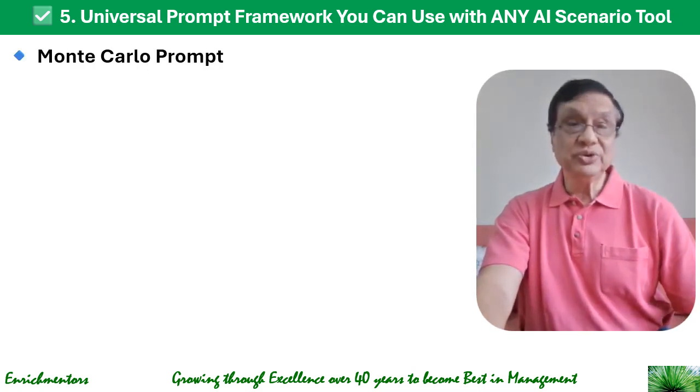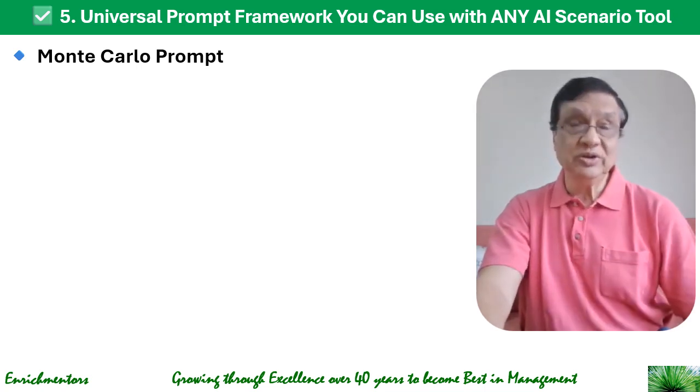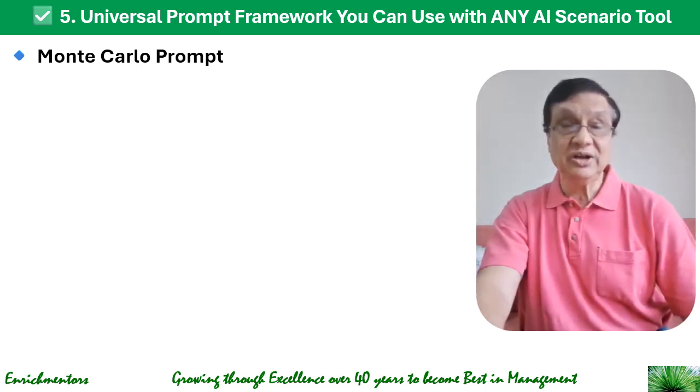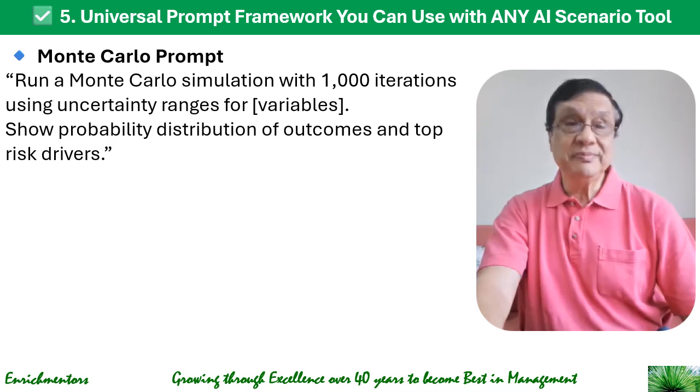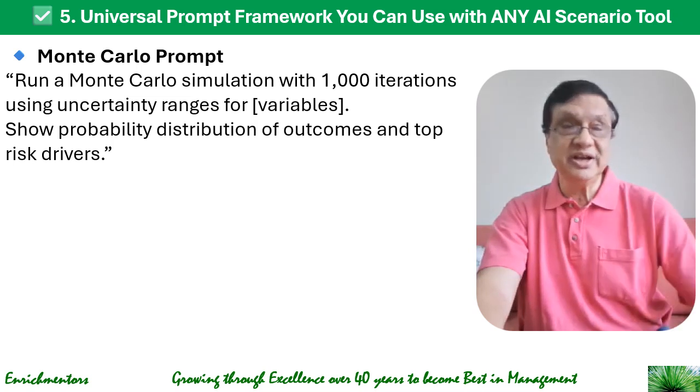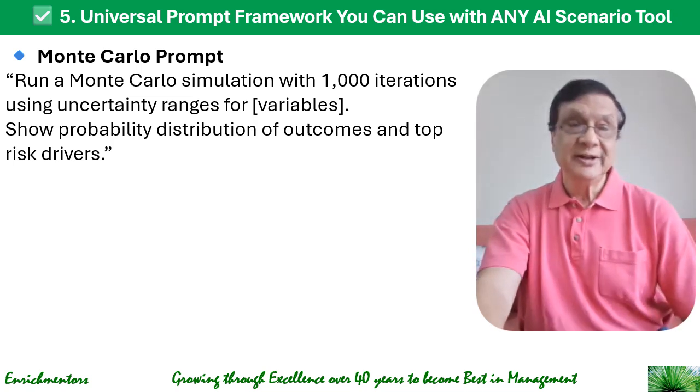Let's look at a prompt to use Monte Carlo simulation. You simply say to run the Monte Carlo simulation X iterations using uncertainty ranges for the variables that you define, X, Y, Z, A, B, C. As an output, you ask it to show the probability distribution or percentiles of outcomes and top drivers.